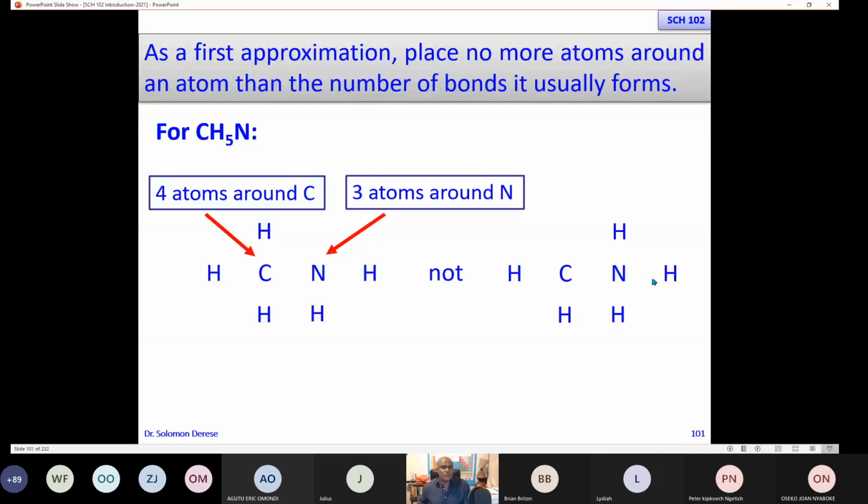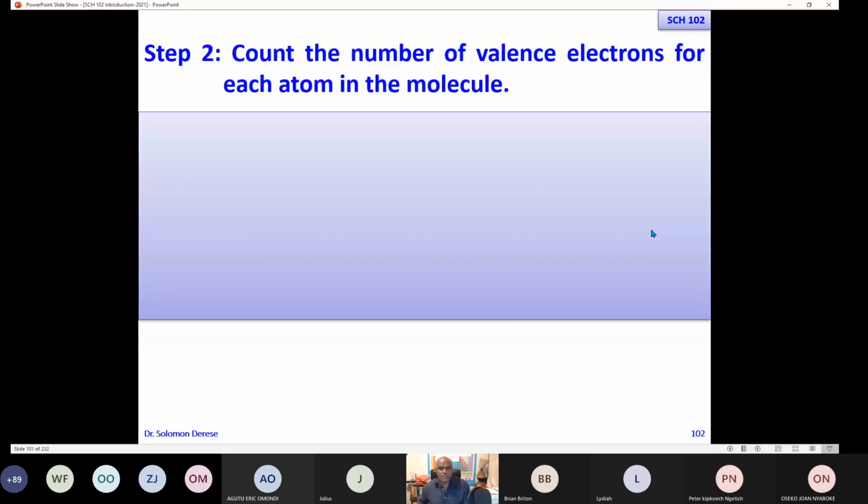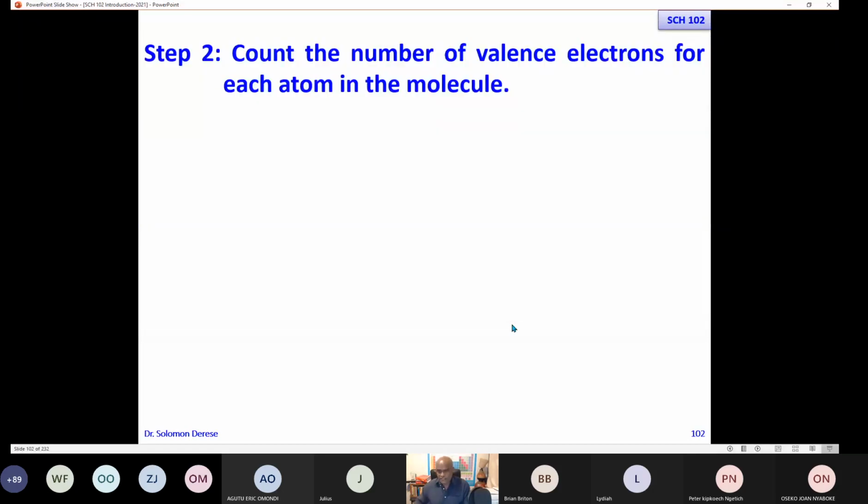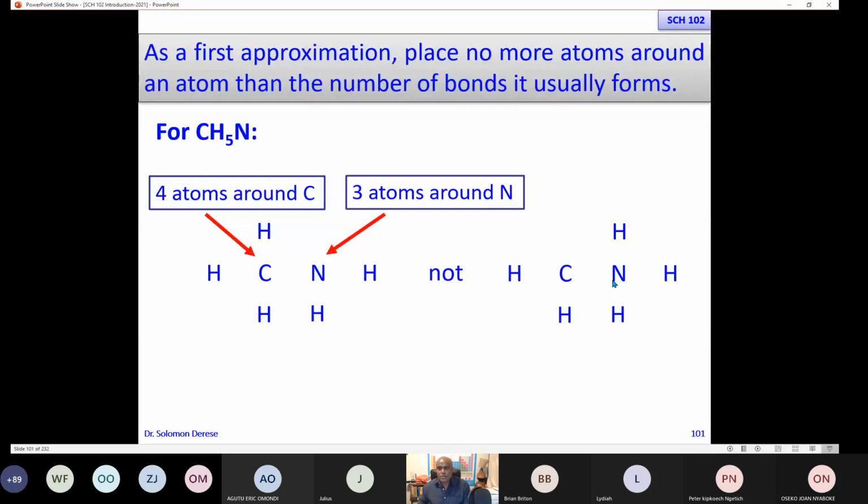You will not, as a first approximation, do something like this, which will put 4 atoms around the nitrogen: the 3 hydrogens, 1, 2, 3, and 4. I'm not saying it cannot happen at all.